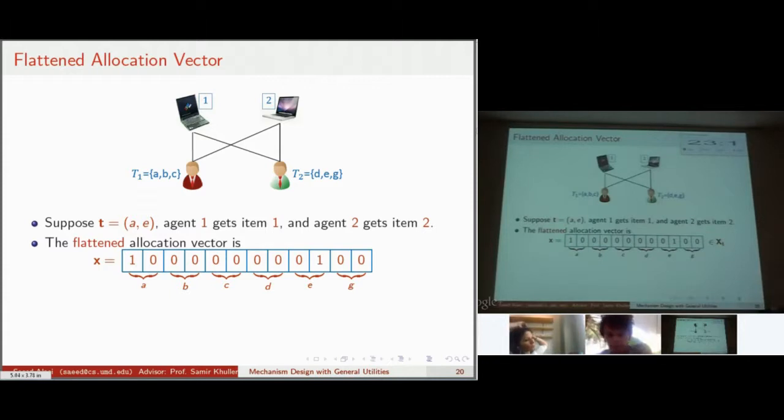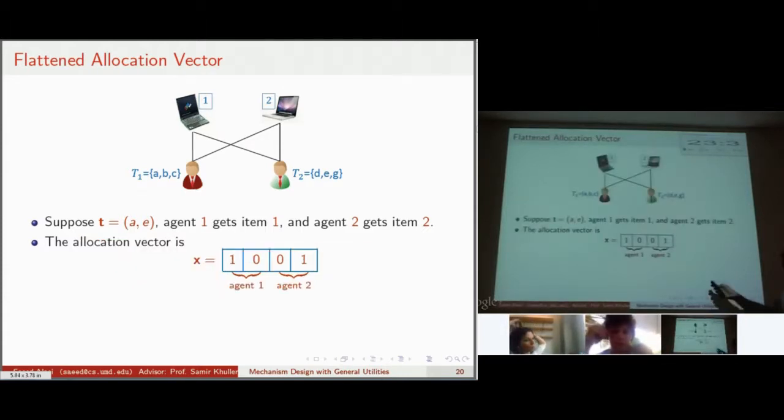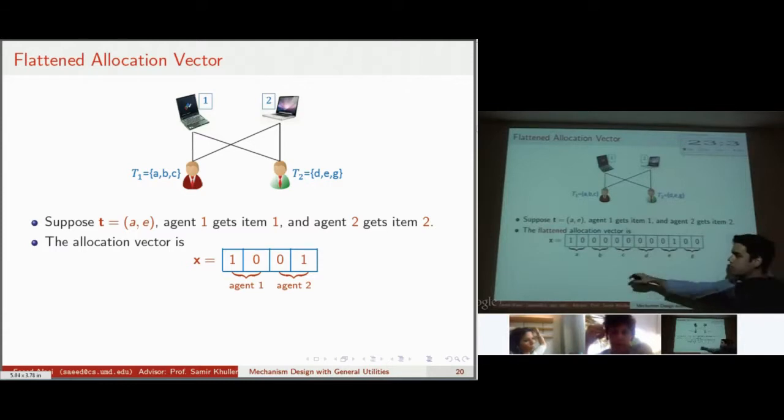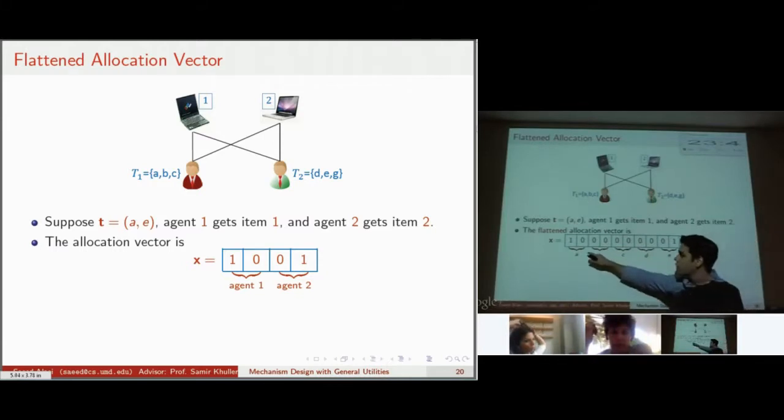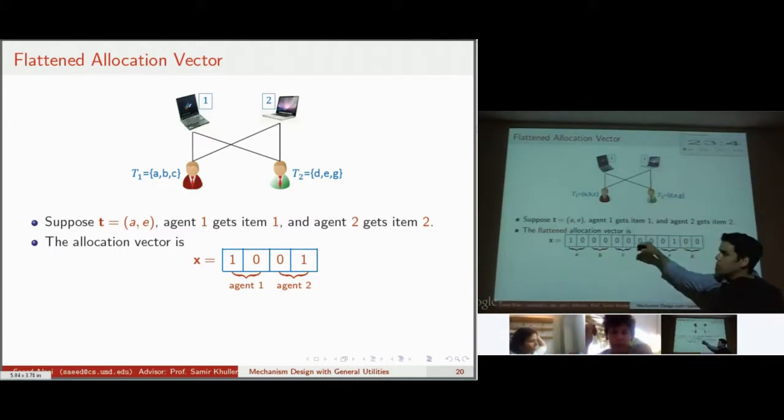Can you define it again? How do you represent it again? Instead of the original vector, I make this vector redundant: I put one entry for each type of each agent, and under each type profile, I specify the allocation.